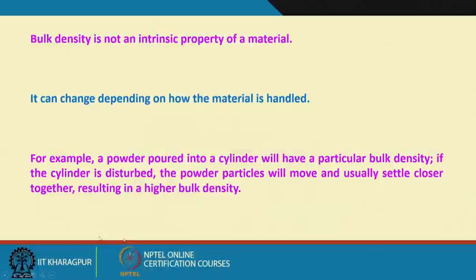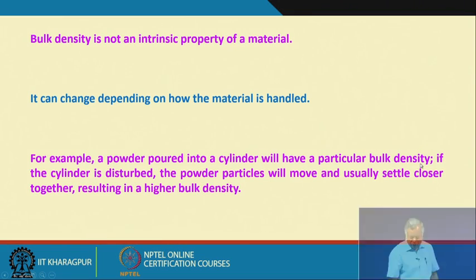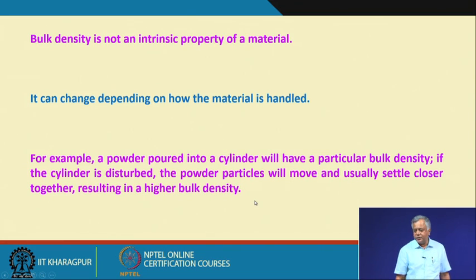Then the bulk density will be different. For example, a powder poured into a cylinder will have a particular bulk density. If the cylinder is disturbed, the powder particles will move and usually settle closer together, resulting in a higher bulk density.